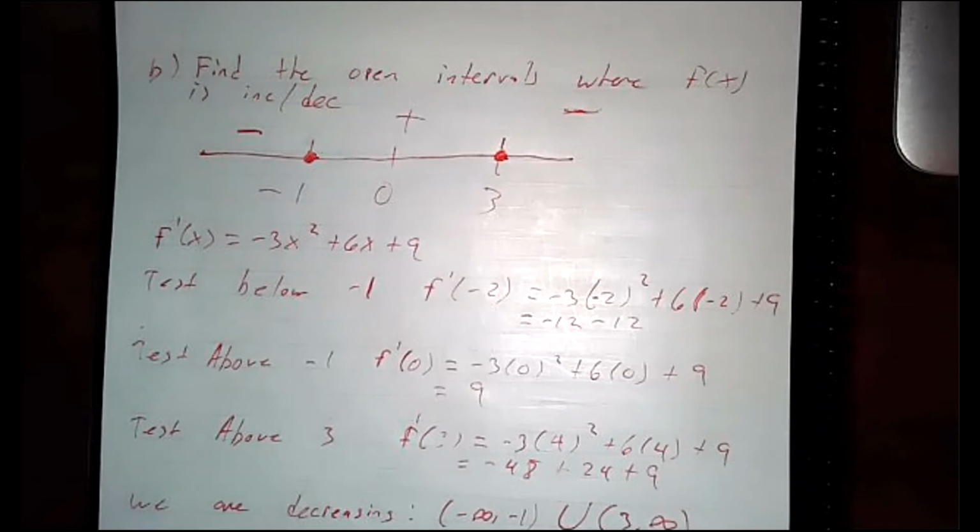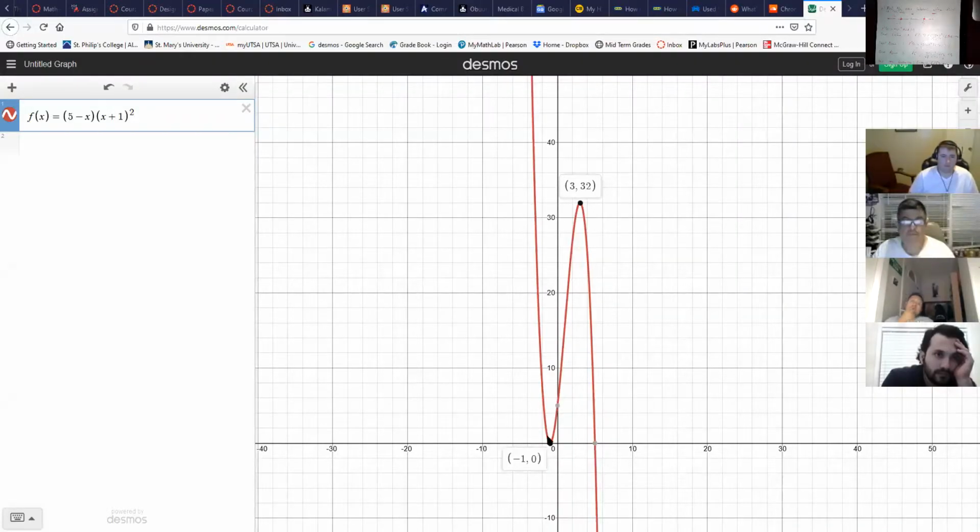Concavity is this picture right here. You see how this is opened upward right here? So this is concave up at this point, meaning it is a minimum. This is concave down, which is opening downward, which is a maximum.